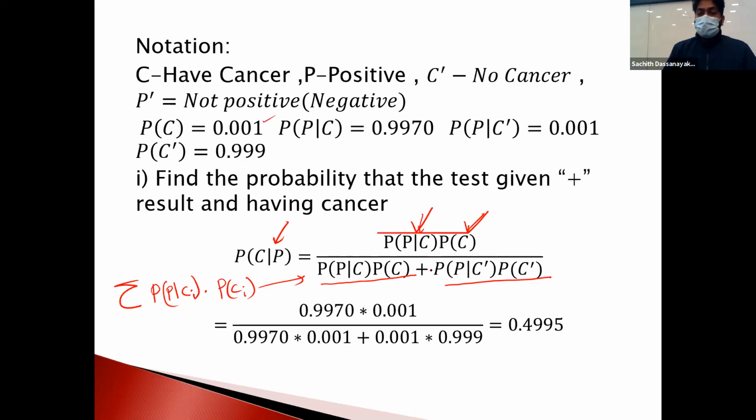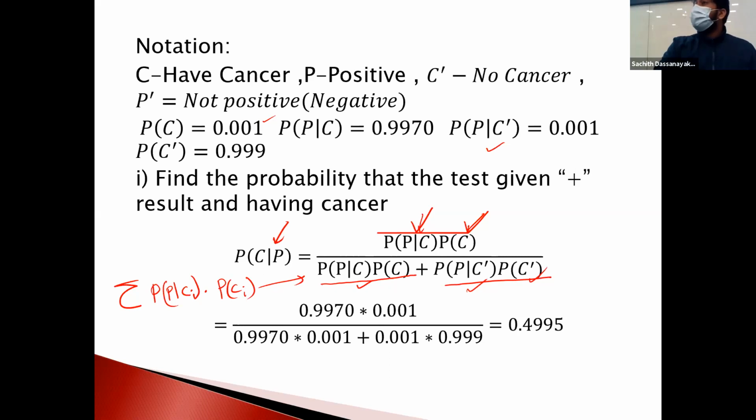And the probability of C dash as well. Just plug in the values and simplify it a little bit. You can use your calculators, you can get the answer. So the probability of test given positive and having a cancer is 0.4995. Clear? Questions?